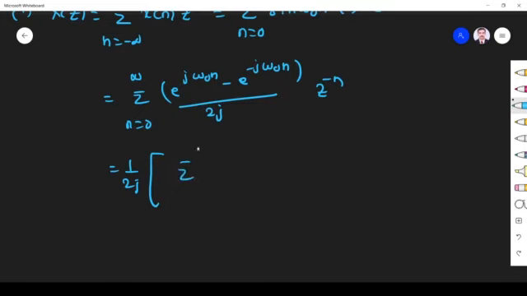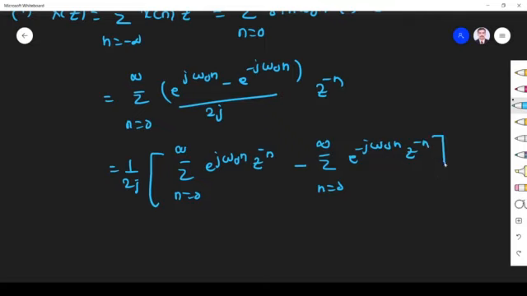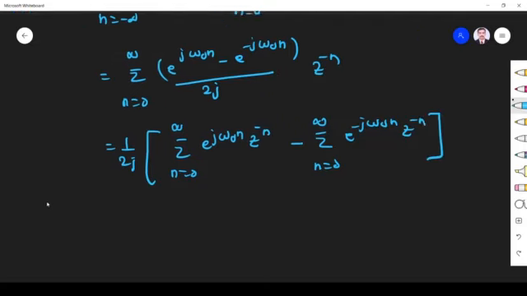So I split this equation into two parts: summation n goes from 0 to infinity of e^(jω₀n) z^(-n), minus summation n goes from 0 to infinity of e^(-jω₀n) z^(-n), right?